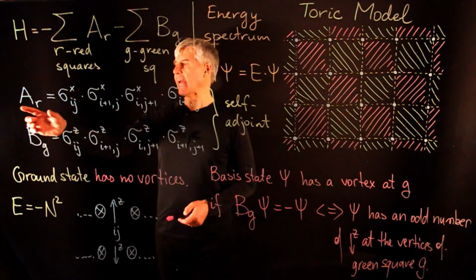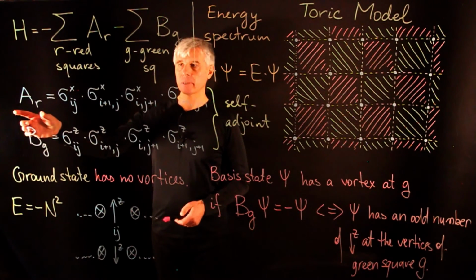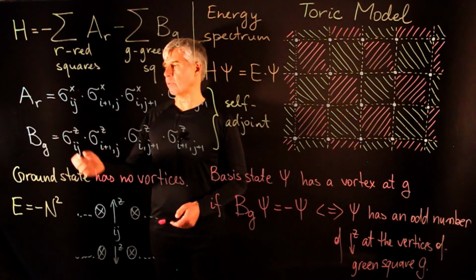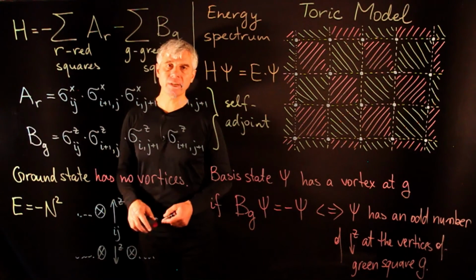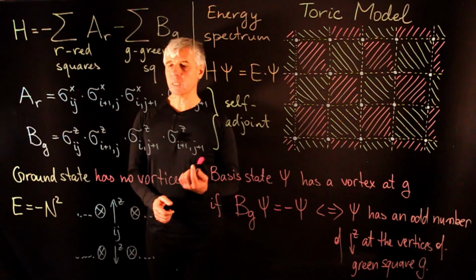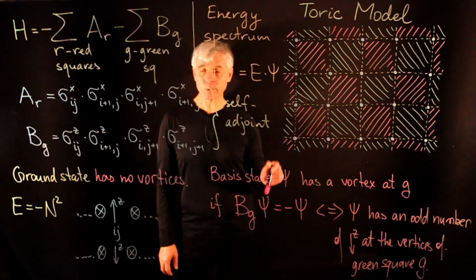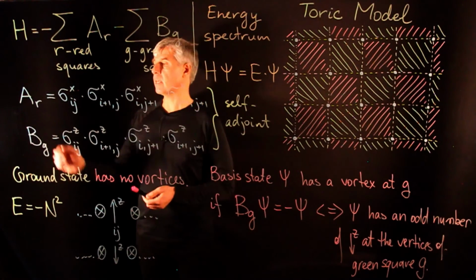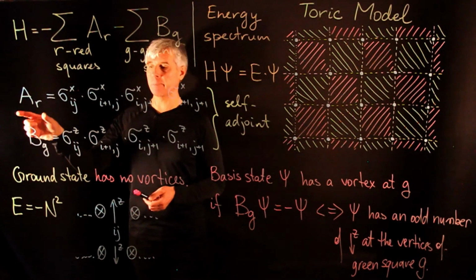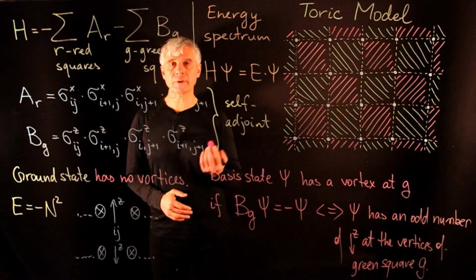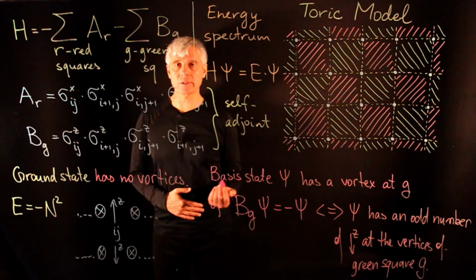Next, let us analyze AR operators. And again, a ground state must be an eigenvector for each AR with eigenvalue +1. The difficulty is that the basis of up z and down z vectors is not the eigenbasis for AR, because sigma x Pauli matrices will have a different basis of eigenvectors.